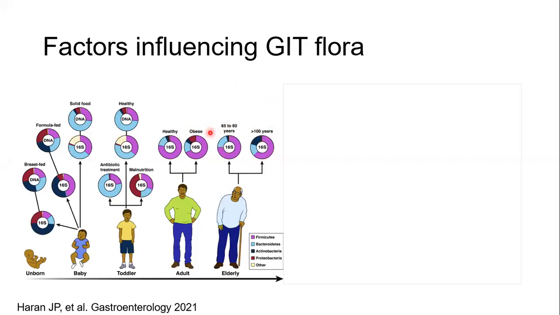And then there's the age factor, where the older you grow, the bigger the change. So this shows that, for example, the actinobacteria are much lower between 65 and 80, but for those above 100, it takes quite a big chunk of the bacterial flora.